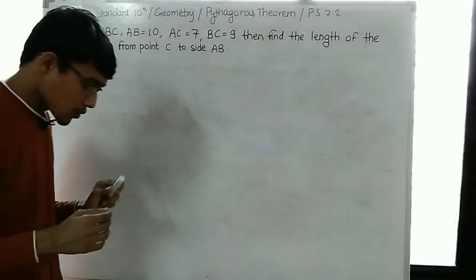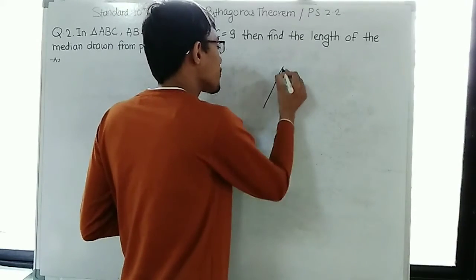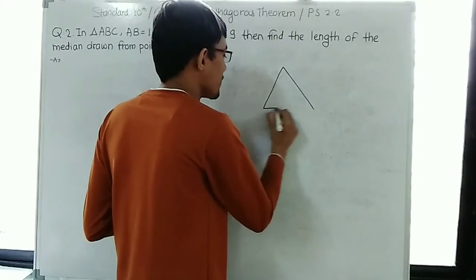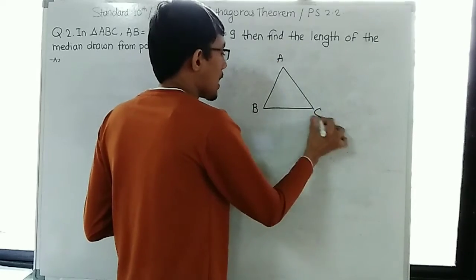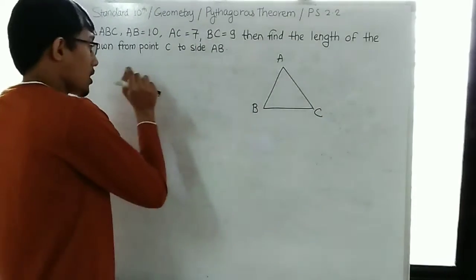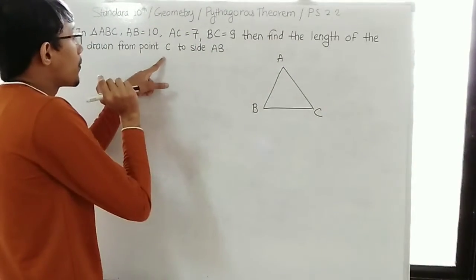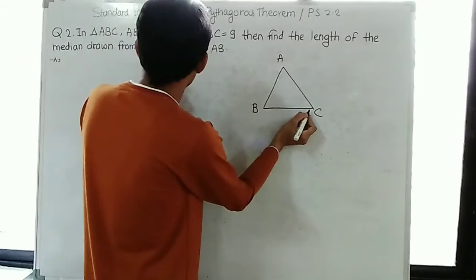So in this question again we have a triangle. Let me draw a triangle first. The triangle ABC. Now a median is drawn from point C to side AB.